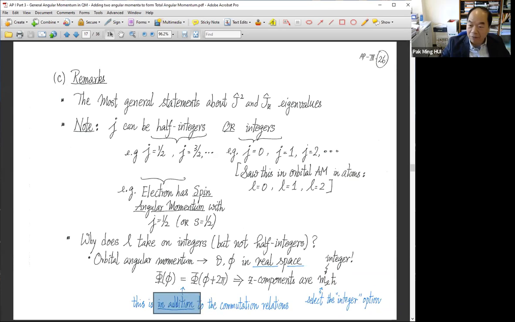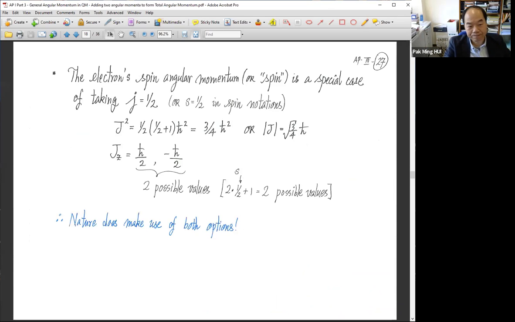That is to say, from the options, you pick the one that your additional single value in real space requirement is satisfied. Okay, so nothing in contradiction. And you have seen the electron case that we discussed last time. So that is the J equals half, but it's so important that we will call it S instead.